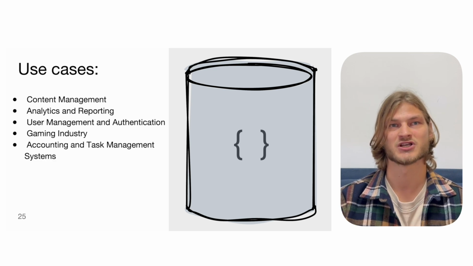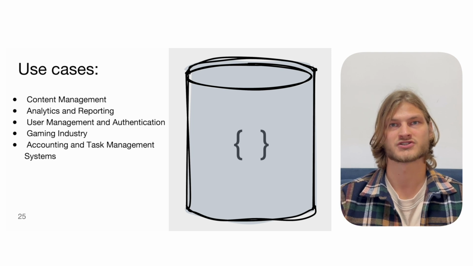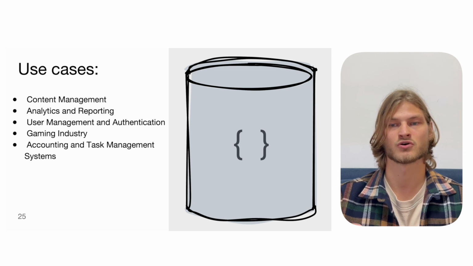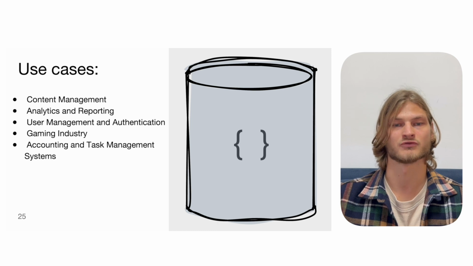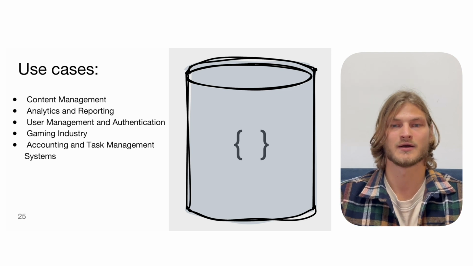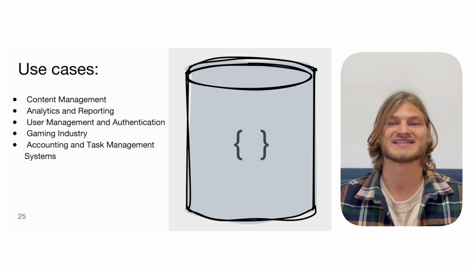Accounting and task management systems are also good for storing in such databases because you can store the management of tasks, projects, and to-do lists in such systems. And documents can represent tasks and their related attributes.